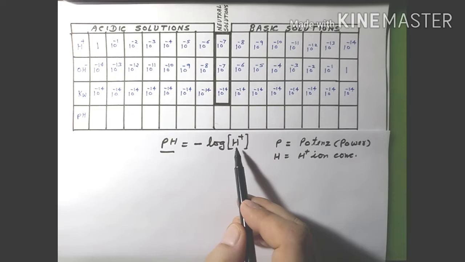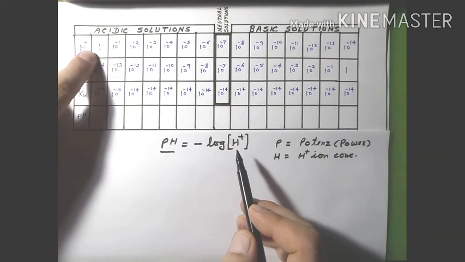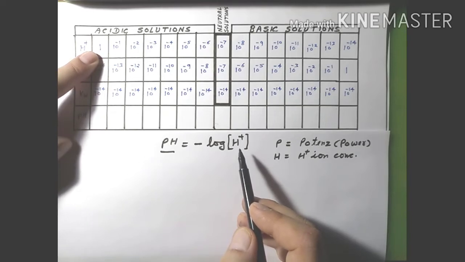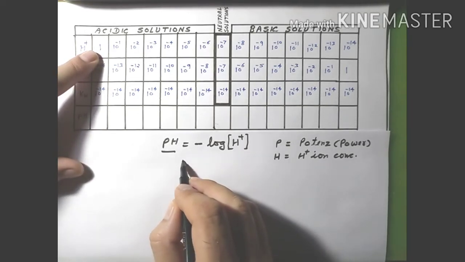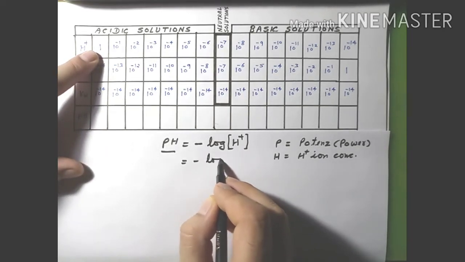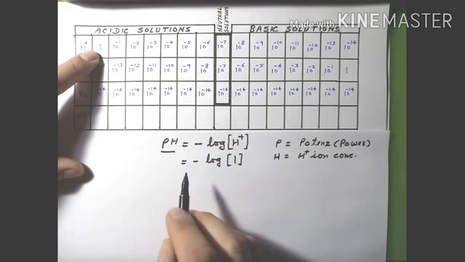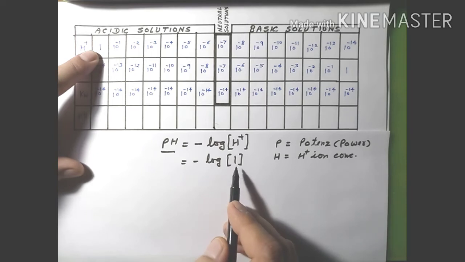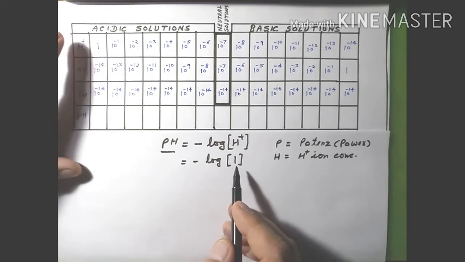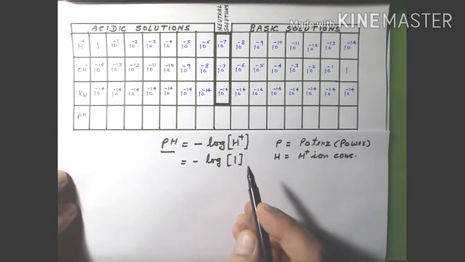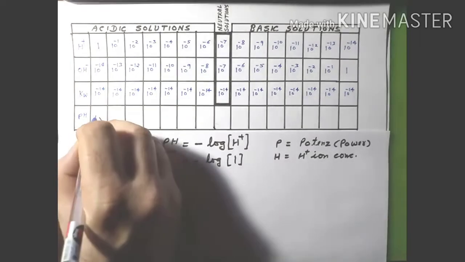How? We just put in the H plus ion concentration. We start from here. First H plus ion concentration is 1, so I write 1, and that gives minus log 1, and minus log 1 is equal to 0. So we get the value 0.